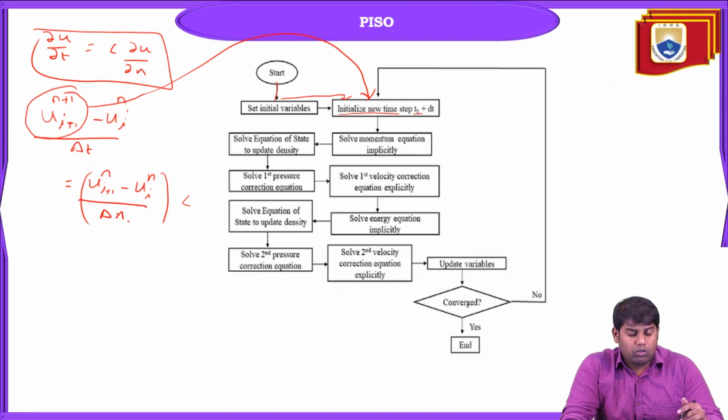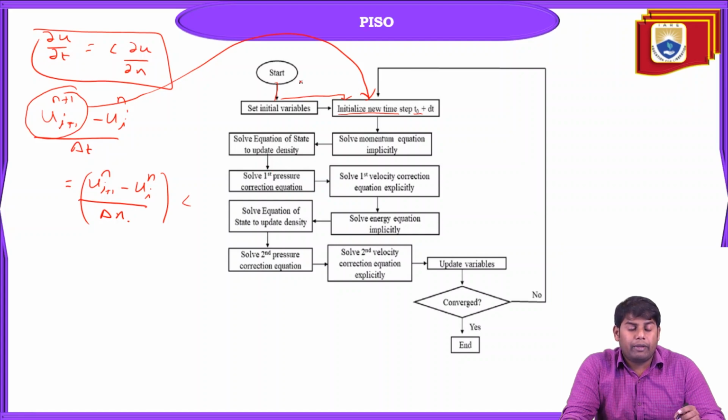After setting the initial values, and calculating with respect to certain time, we change from one step to the other step. After changing it, we solve the momentum equation implicitly.